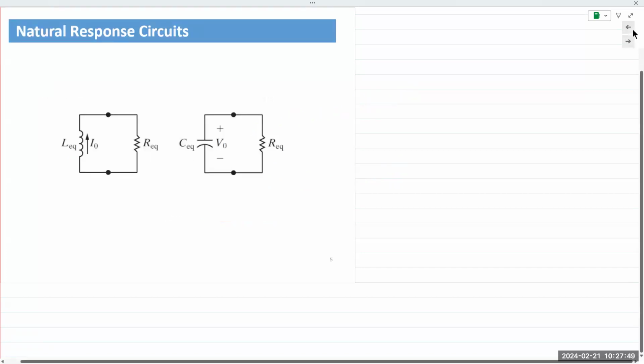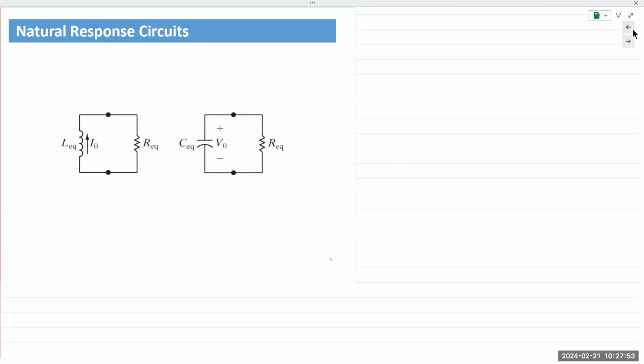So natural response circuits are simply RL or RC. You take all of the resistors in the circuit, all of the inductors in the circuit, all of the capacitors in the circuit. If we can reduce it down to one single R, one single L, or one single C, it is still a first order circuit. We have an RL circuit or we have an RC circuit.